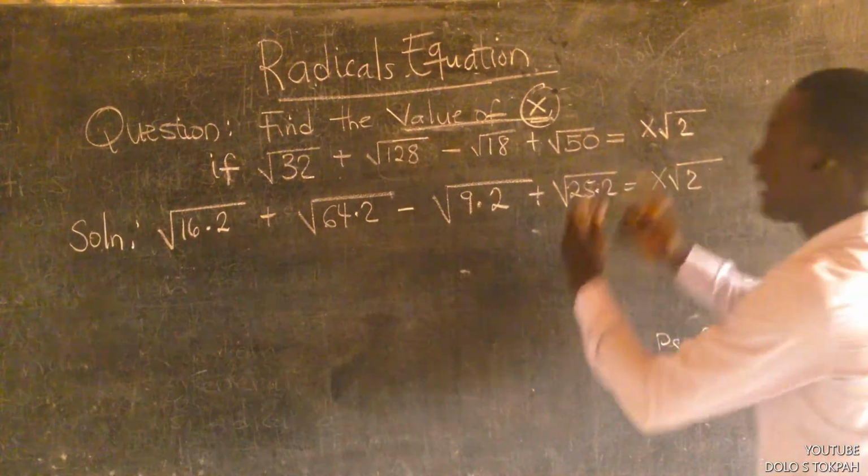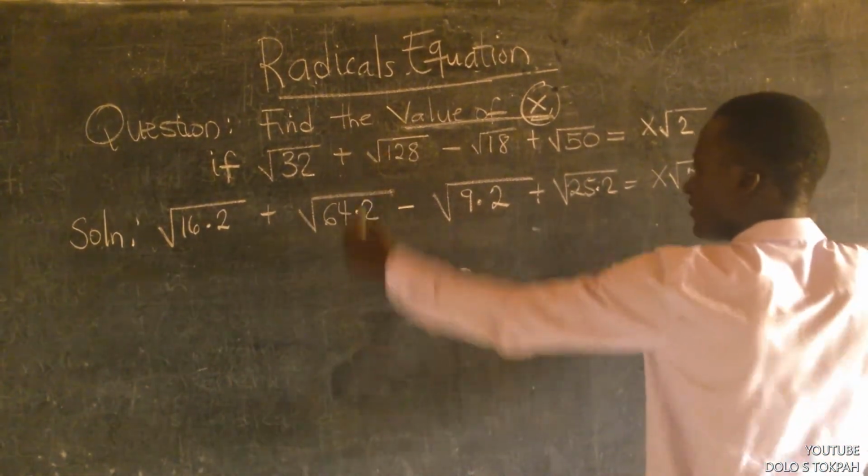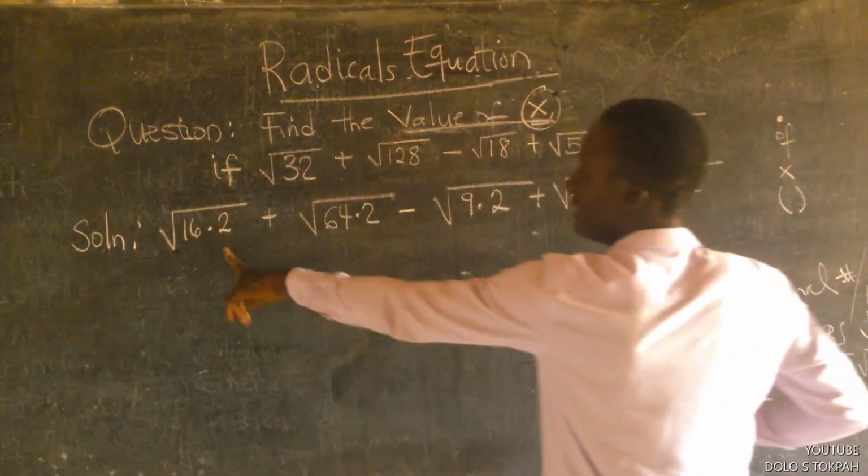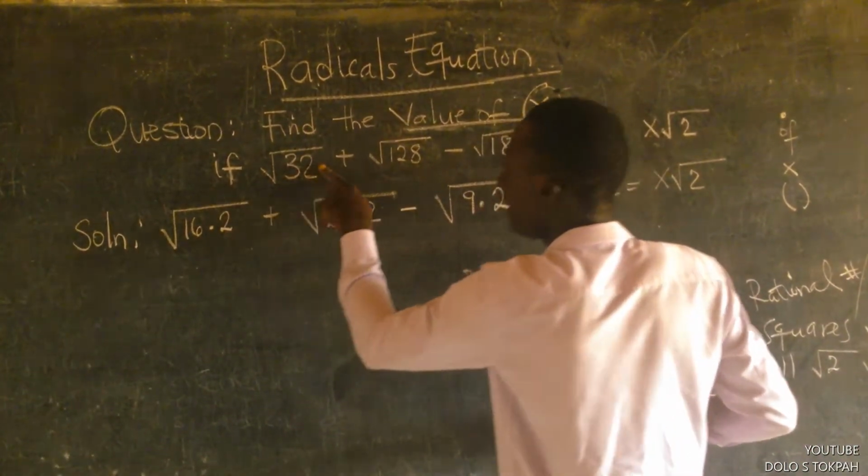Now we have to separate them, because 2 times 16 will give you 32.